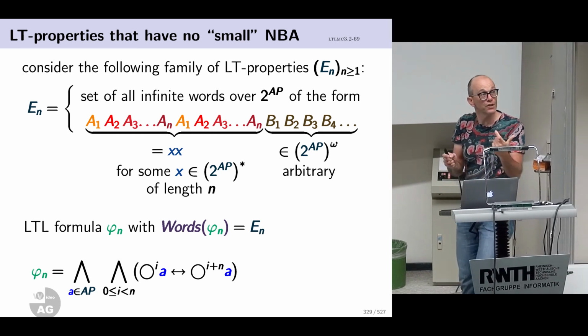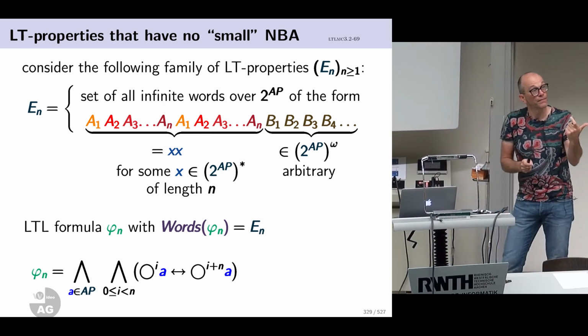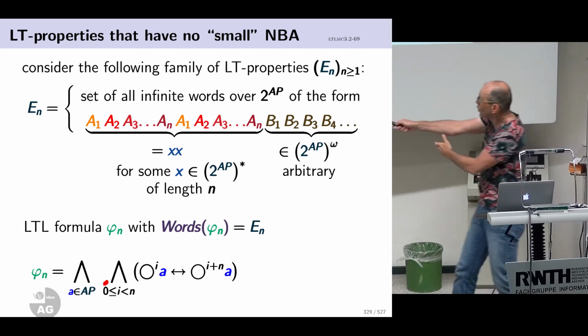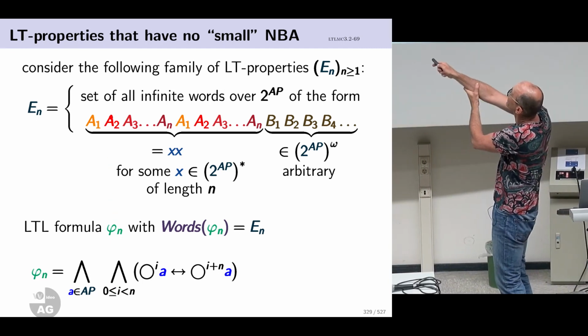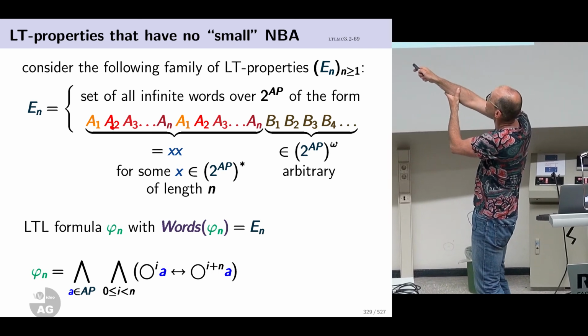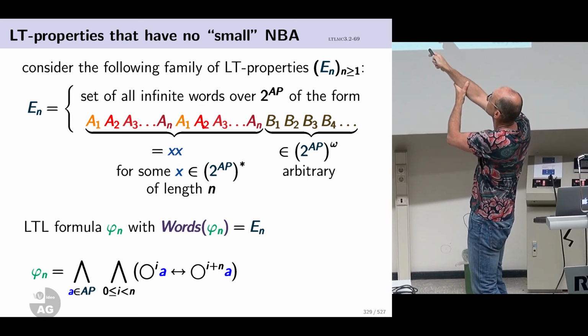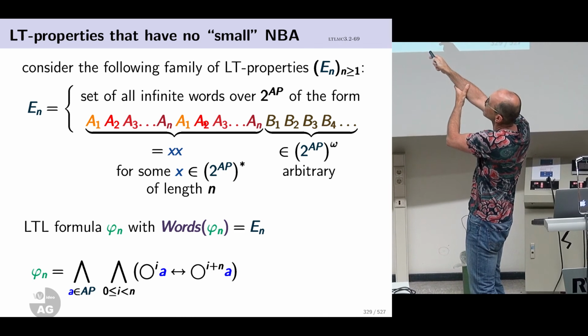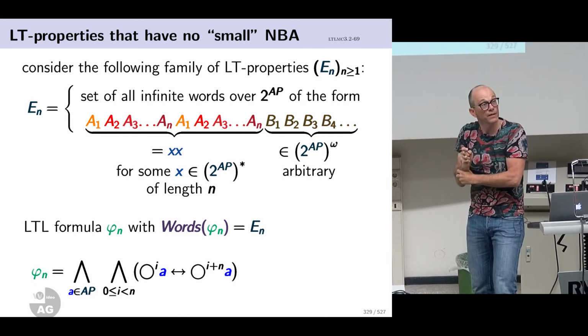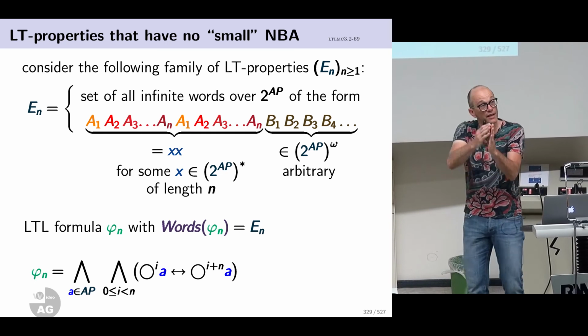Now this, I hope you see, models the repetition. And as you do this for all i, it really tells you that if there is, let's say, a symbol in this A2, then n positions later, which is exactly here, this symbol, for instance small a, needs also to be in this set. And because you do this for all i, you really say it repeats.